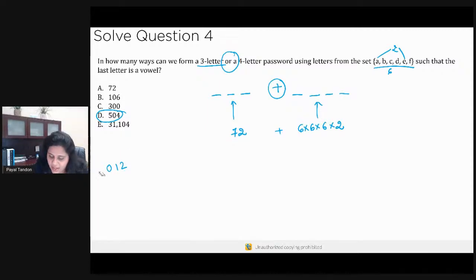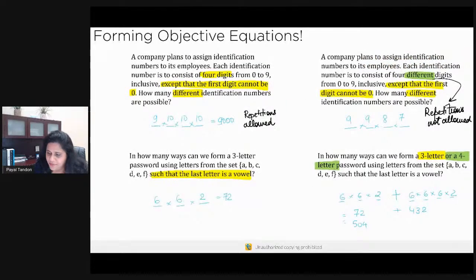Okay, all right. So what we have done till now is we looked at 4 very simple questions. And what we saw was how we extracted information from the question statement to arrive at our objective equation. What you see over here are the objective equations.